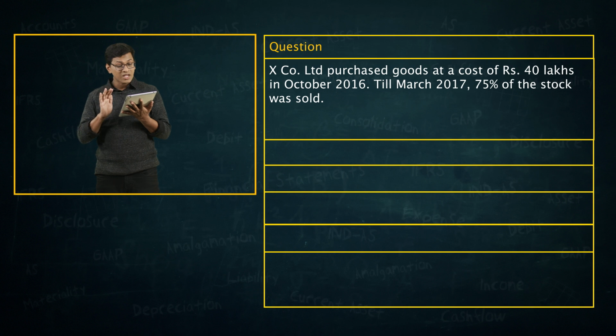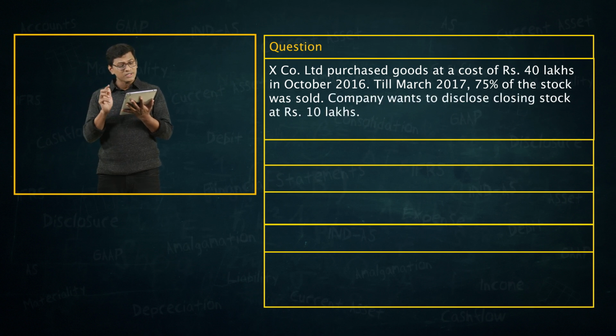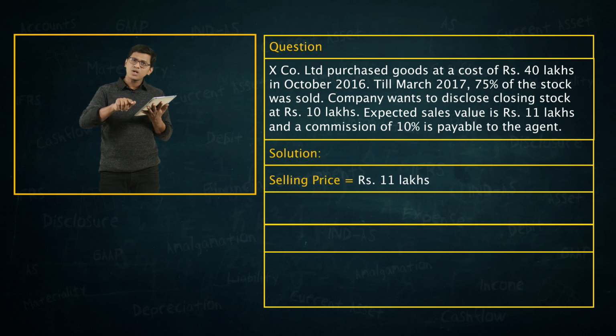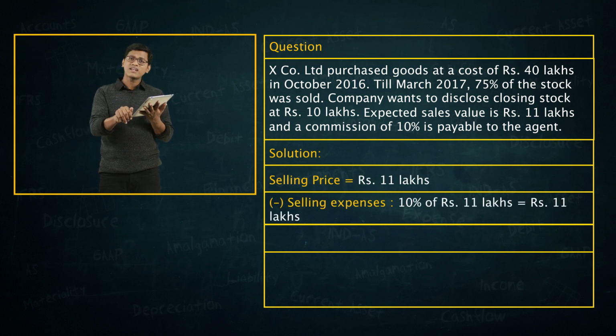Then the company wants to disclose closing stock at rupees 10 lakhs. Expected sale value is rupees 11 lakhs and a commission at 10% on sale is payable to the agent. Interesting. Selling price is 11 lakhs, but what is the commission portion? 10% on 11 lakhs is 1.1 lakhs.